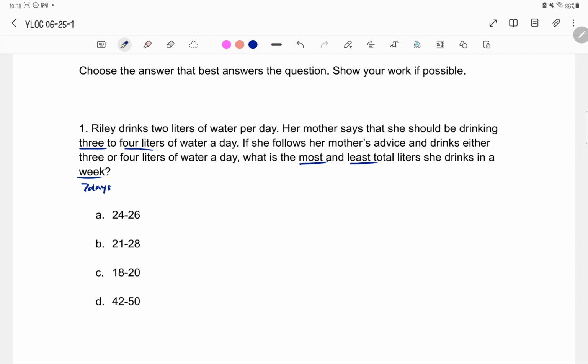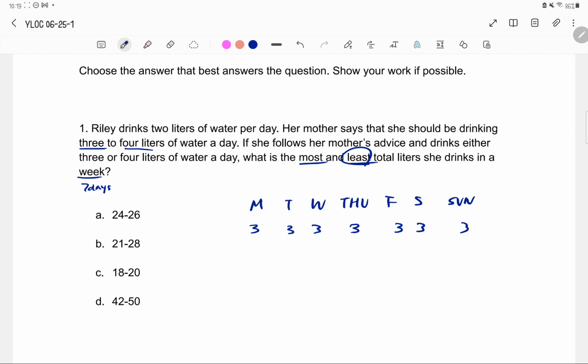So we have to make an assumption that the least is that every Monday, Tuesday, Wednesday, Thursday, Friday, Saturday, and Sunday she's drinking 3, because that's the minimum. So even if she drinks 4 liters on Thursday, the minimum should be 3, right? This is an assumption. So we're finding the range of the possible liters of water that she could drink.